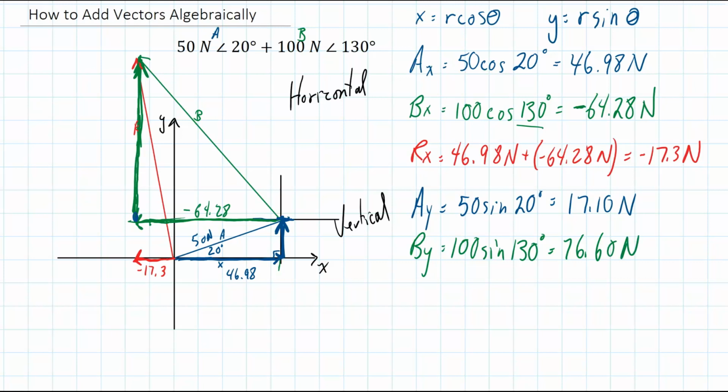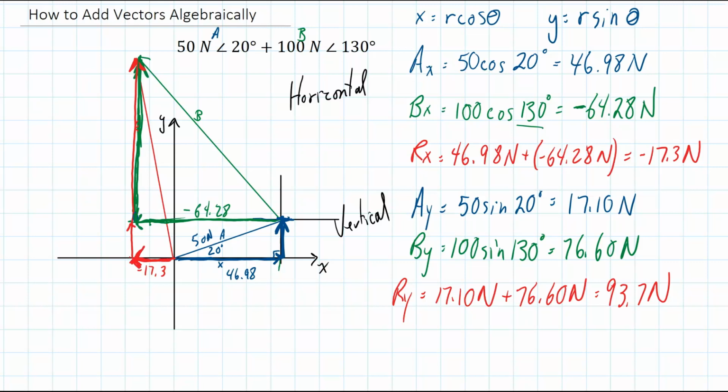When I add the two together, we've gone up that high, and then we've added to go all the way up here. R sub y is 17.10 newtons plus 76.60 newtons, which is equal to 93.7 newtons.